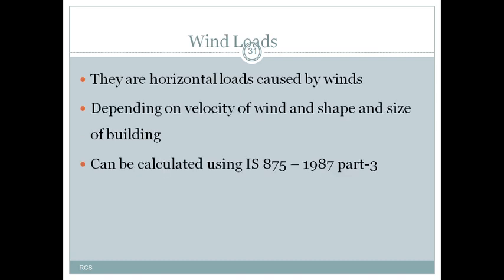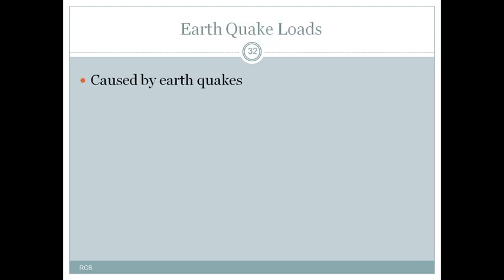Next, wind load. Wind may blow in any direction, but in the design of a structure, the horizontal component of the wind load is considered, and also the velocity of wind and the shape or size of the building. Wind loads can be calculated by using IS 875/1987 Part 3. Earthquake loads are caused by earthquakes.